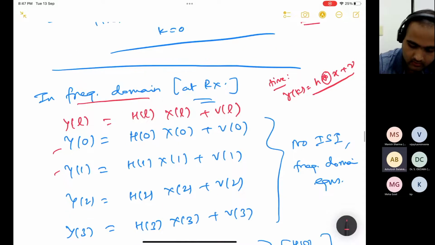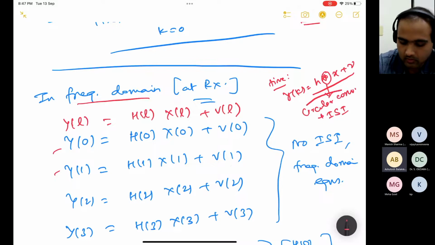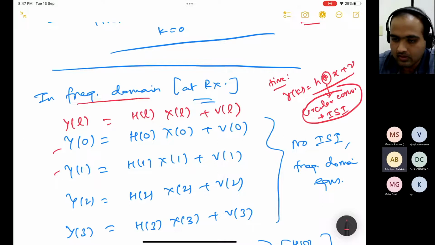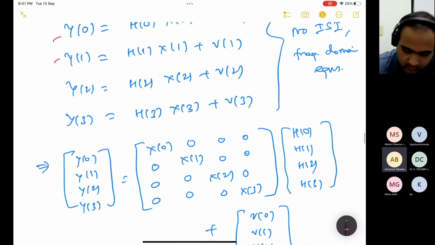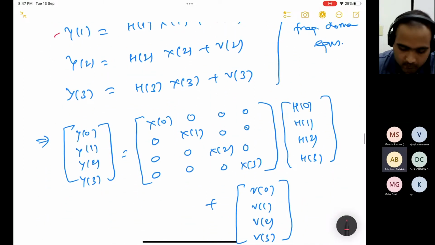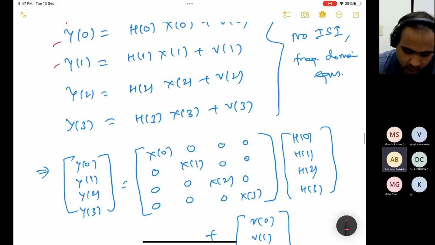And this, plus circular convolution, plus ISI, right? So we had both these problems, and in the frequency domain, we are mitigating both of them, and that is why OFDM is a very powerful technique as a physical layer protocol.